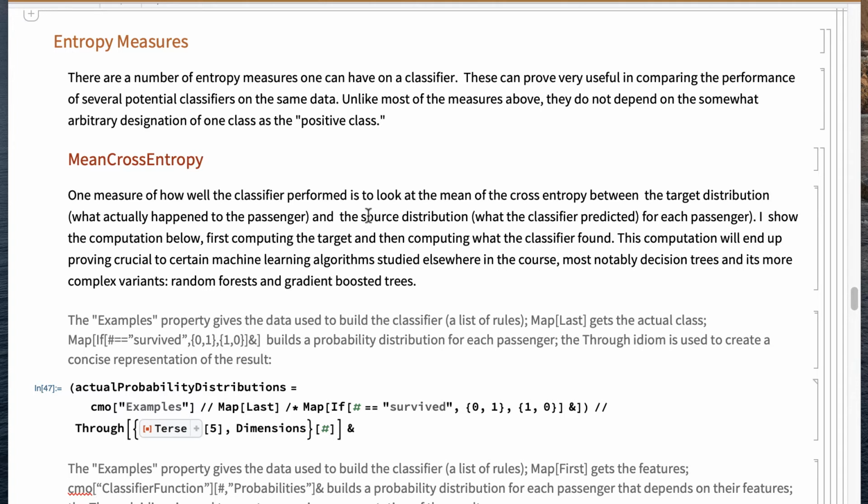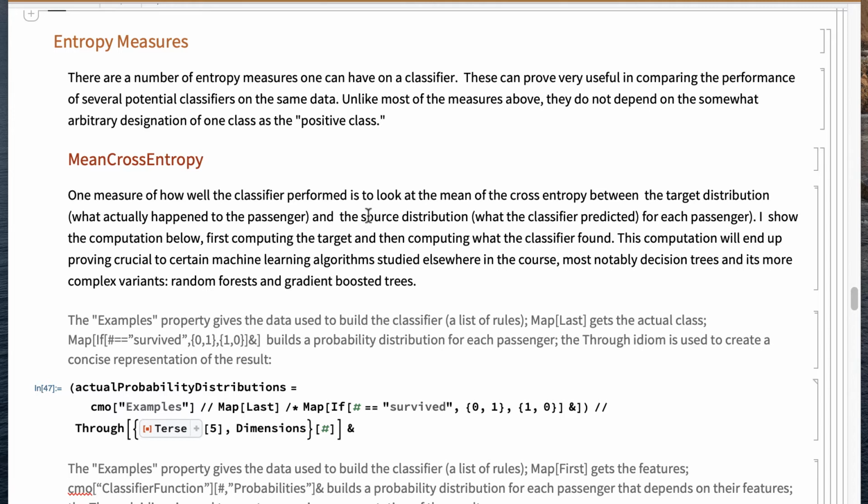Okay, so we have reality, that is, there's a 100% probability that the person died and a 0% probability that the person survived. Let's assume that we know to a certainty what actually happened in each case. That's our target distribution. That's what we'd like our classifier to get to.